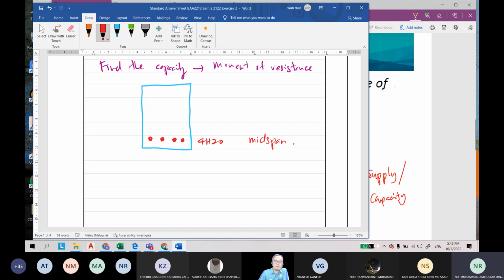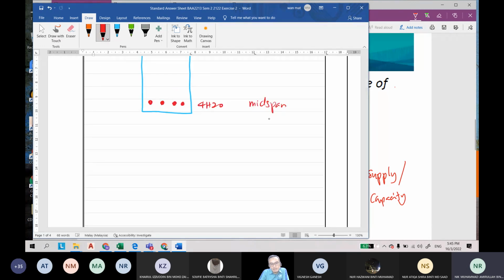If it is midspan, your beam will have three possibilities. The first possibility is rectangular shape. The second possibility is L shape, and the third possibility is what? Anybody know the third possibility? The shape of your beam?